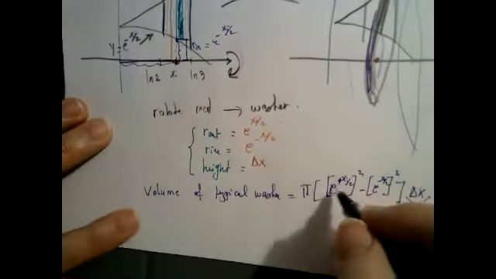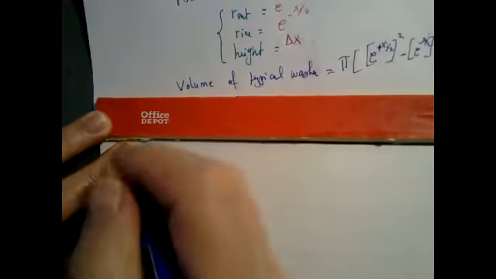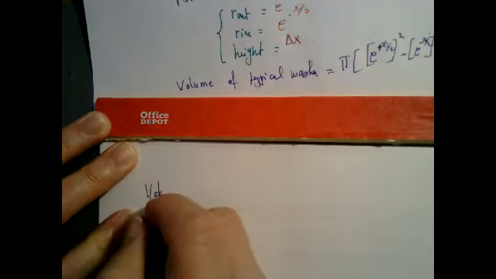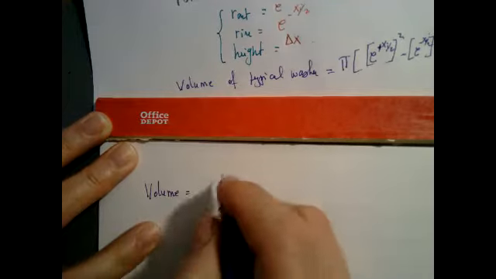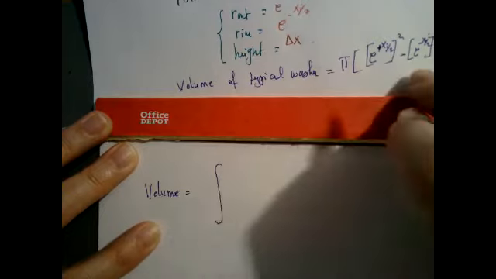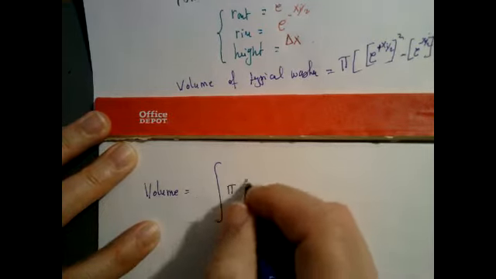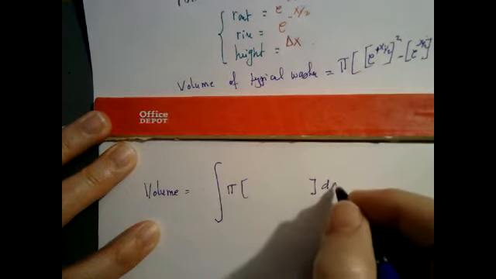Finally, so that's a plus and that's a minus. Now, what is the total volume? So the total volume is the integral. It means it's the sum of those little volumes. The sum becomes the integral of those dx.